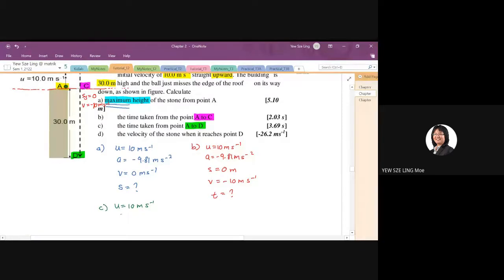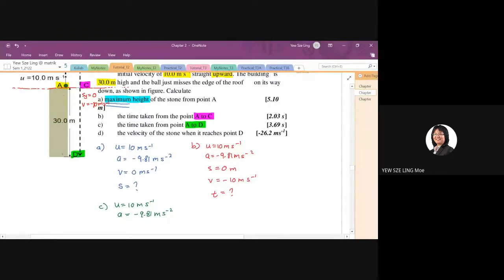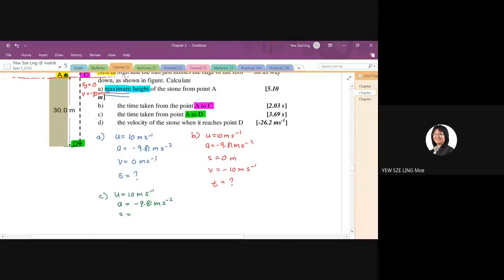So we have u equals positive 10, a equals negative 9.81 ms^-2. And then what else do we have? Well, we have s. Remember what I just said: displacement refers to the shortest distance between initial and final.